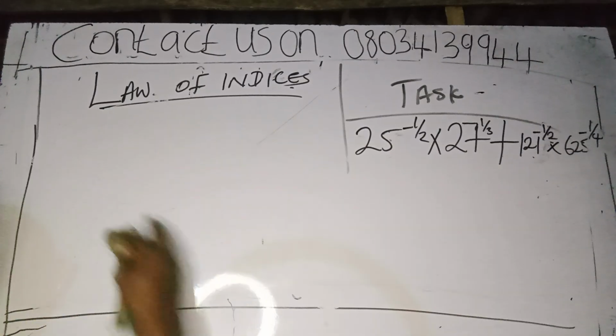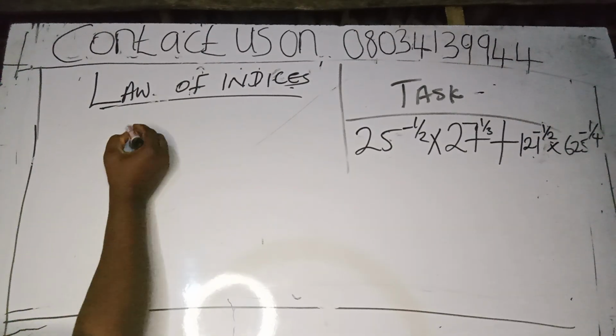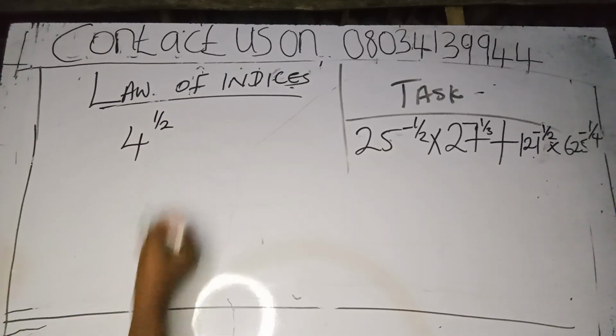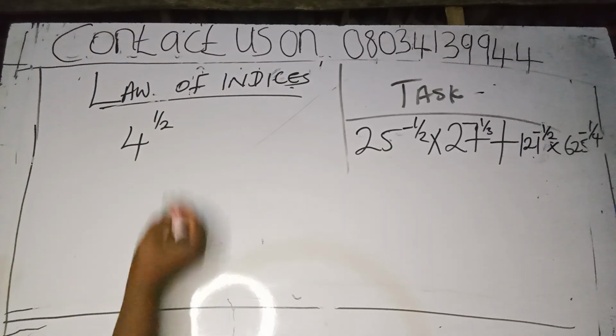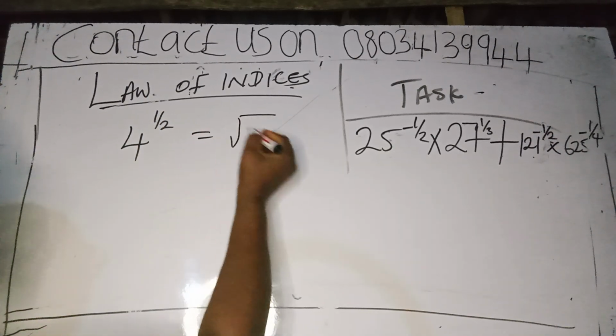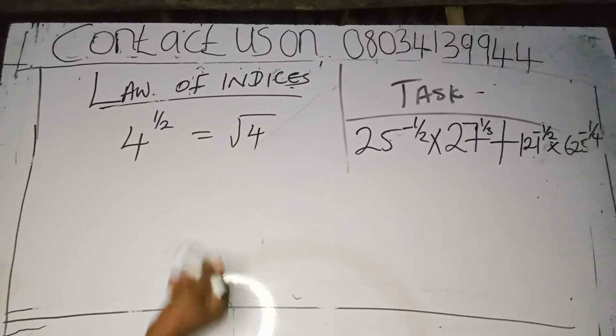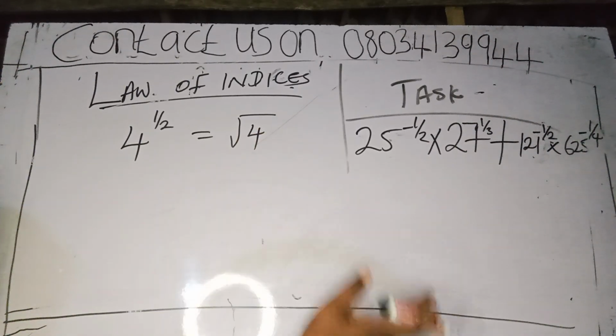The root law is also very easy, which states that if I have a number expressed as a power of 1 over 2, you simply express it as a square root. There is a law about this, which I will explain in fraction law.